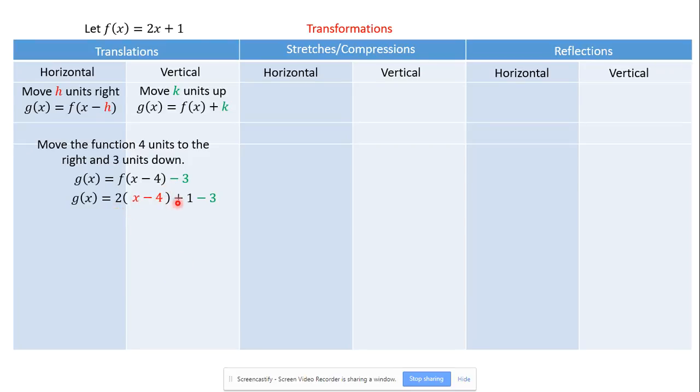Now we need to distribute the 2 to get 2x minus 8. And then 1 minus 3 is just minus 2. So we have 2x minus 8 and minus 2. And negative 8 minus 2 is negative 10. So g of x equals 2x minus 10. And so we can see that, hey, this is a parallel line.